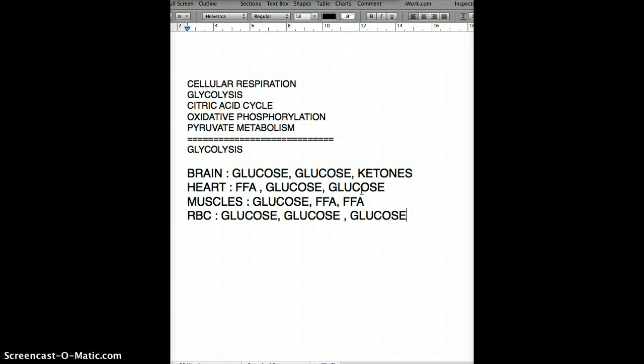So RBC has no choice, because it has no mitochondria and no nucleus, it has to just survive on glucose no matter what's going on. So for RBC the whole thing is just glucose.